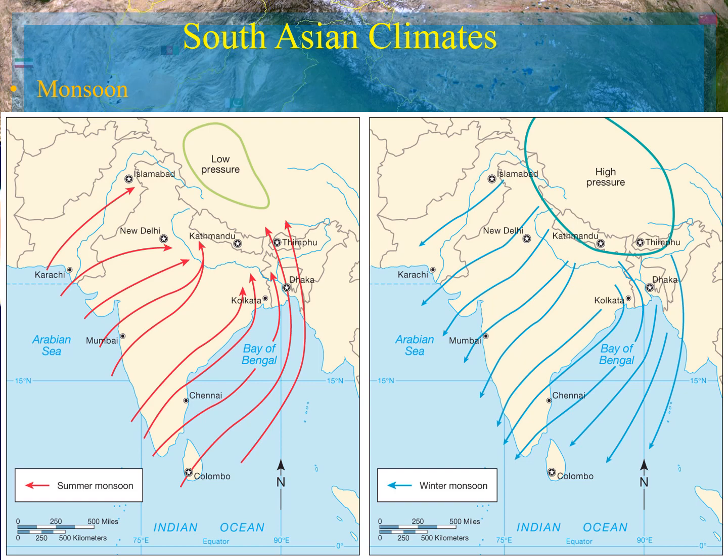And as you can see, that's largely going to be dry because that system is now just passing over land, so it's not picking up moisture, except as it passes over the Bay of Bengal. So our Coromandel coast, in Sri Lanka, in that area, is going to get some rainfall in the winter months, but largely this will be a dry monsoon. So our summer monsoon is the wet monsoon, and our winter monsoon is the dry monsoon.